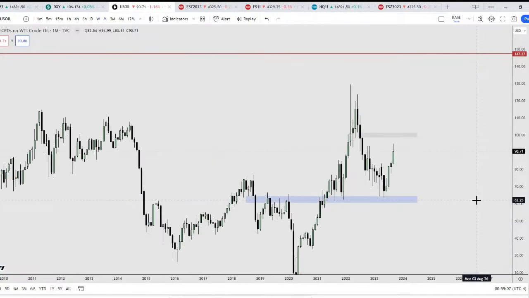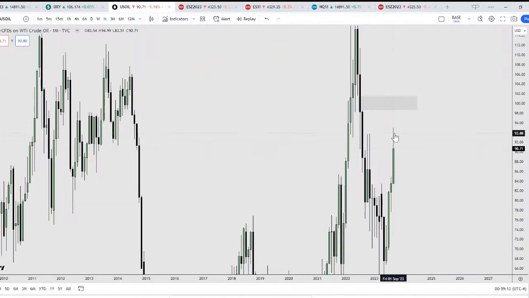Okay, I want to see price close above the consequent encroachment of this week. No. Okay. I think this level here is better. I think this BPR.